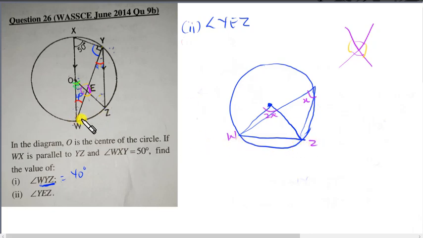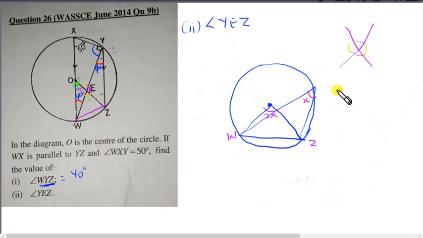So WZ forms an angle here, which we now know as 40 degrees, and that same WZ forms an angle at the center. If one chord subtends an angle at the center and that same chord subtends an angle on the circumference in the same segment, then the angle at the center is twice the angle on the circumference.